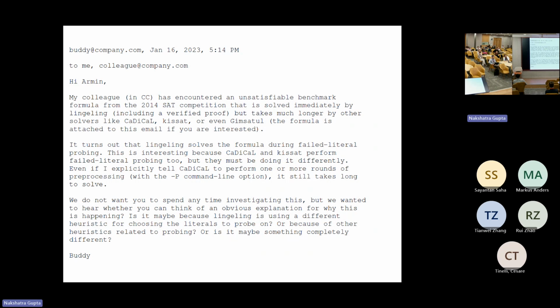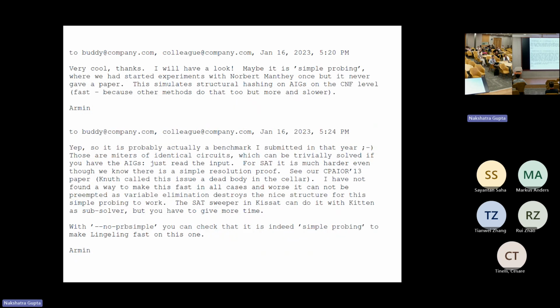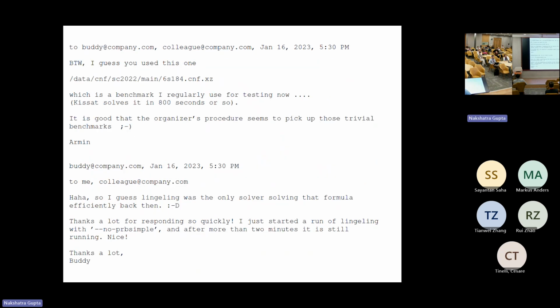I looked at it, and I was already suspicious. This is probably the simple probing. It is one of the big things which is different in Lingeling and in Kissat, CaDiCaL, and all the other solvers. I figured out a couple of minutes later that the benchmark he sent me was exactly the one I submitted to the competition in 2013.